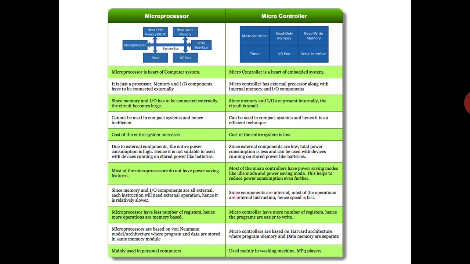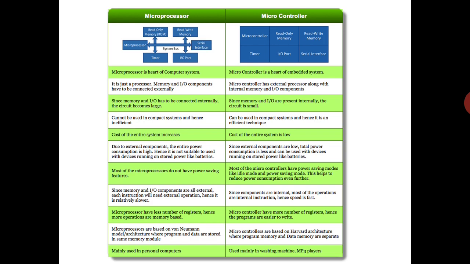Fourth one is since memory and input output have to be connected externally, the circuit becomes large. Obviously, when external connections are interfaced, the circuit becomes large. Microcontroller, since memory and input output are present internally, the circuit is small.